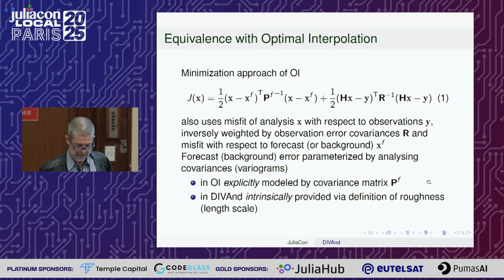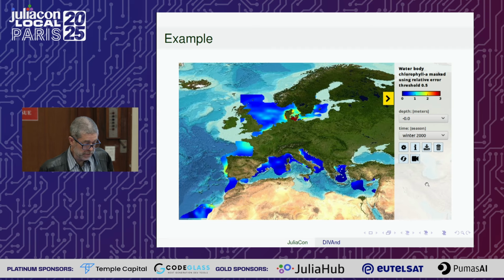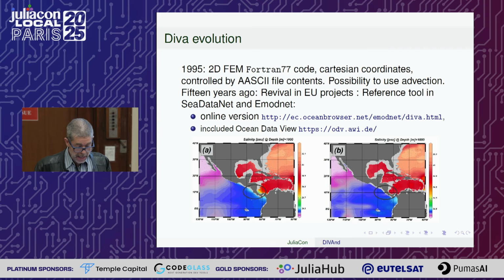But you have some similarities. And with this, you can provide, like here, an analysis of chlorophyll in European seas, and it has been done for quite some years. When we started it in '95, it was done in Fortran, a very simple finite element code, driven by files and so on.